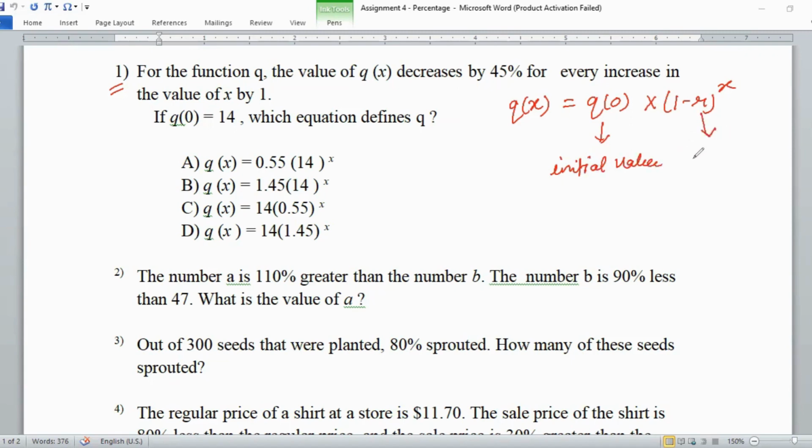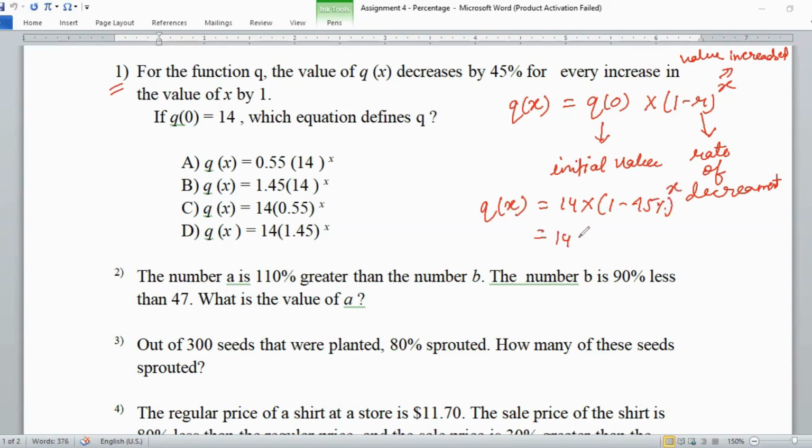This r is the rate of decrement and this x is the value increased. So when we write the information according to the given question, it is 14 and here 1 minus 45% of it, to the power x.